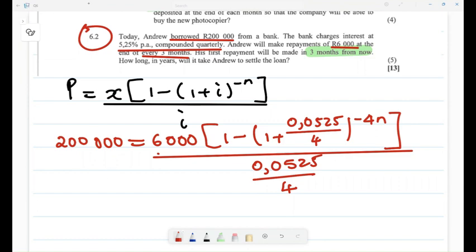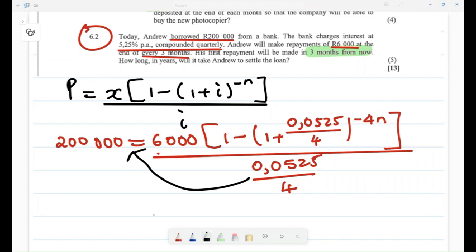I'm going to show you how to do this. Actually, what I want you to do is firstly multiply this to this side. Let's multiply this by that. It's going to be 200,000 multiplied by 0.0525 divided by 4.